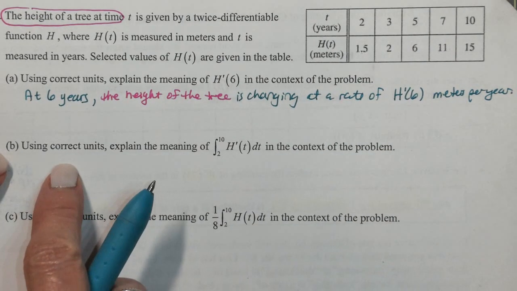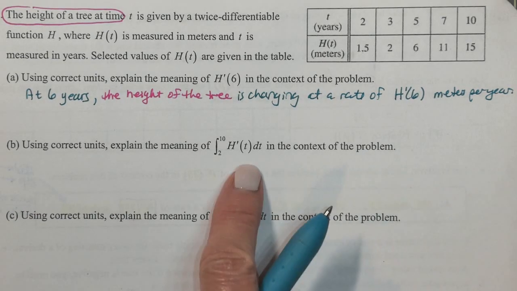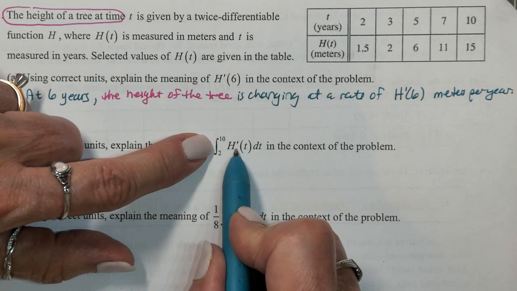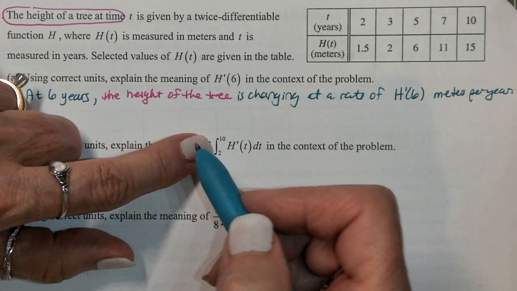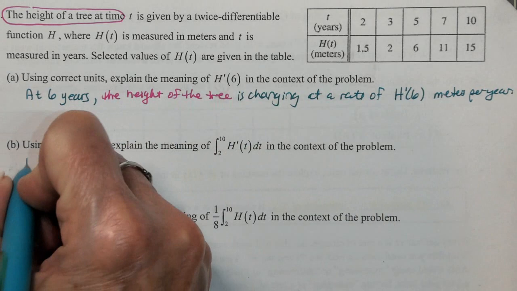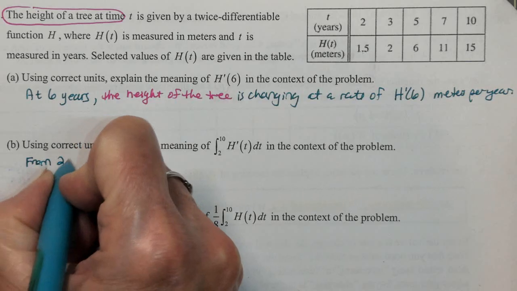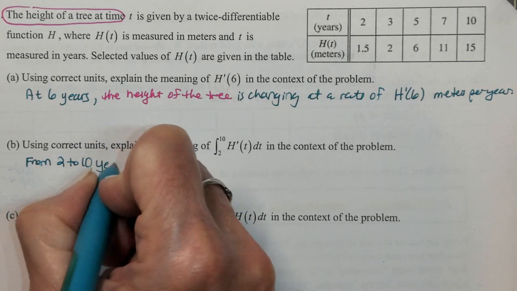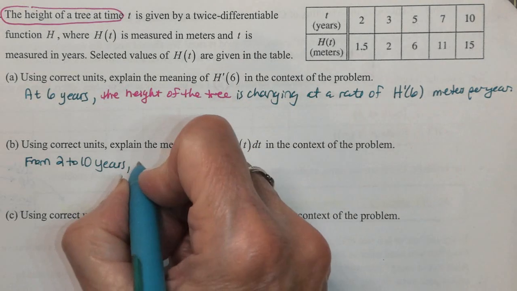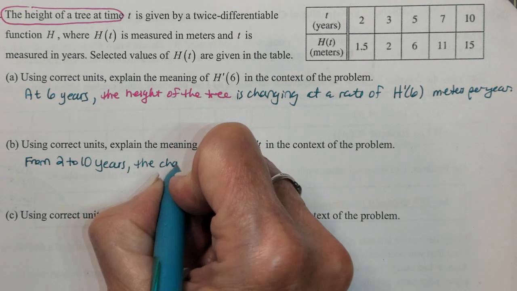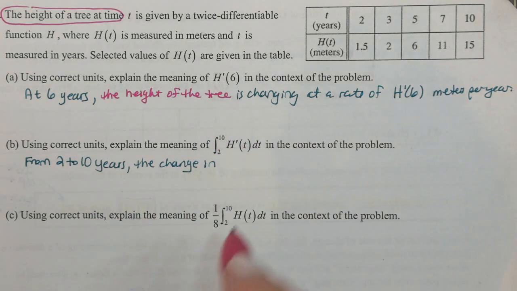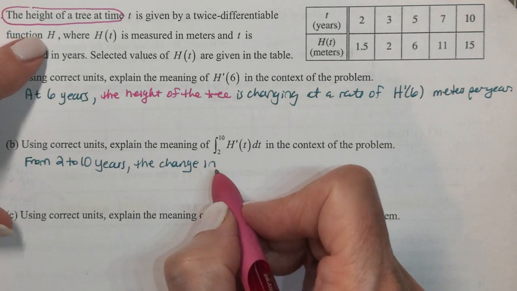Part B, using correct units, explain the meaning of this integral. Okay? The integral of h prime gives you back h. So this is change in h. So from 2 to 10 years, the change in h, but we don't put h, we put the meaning of h.